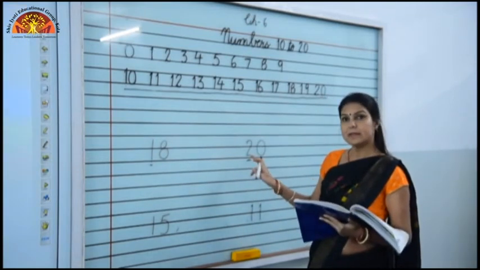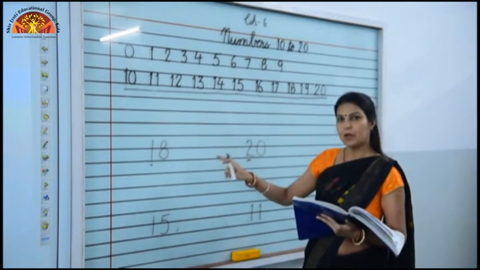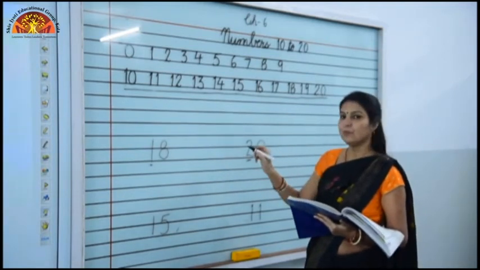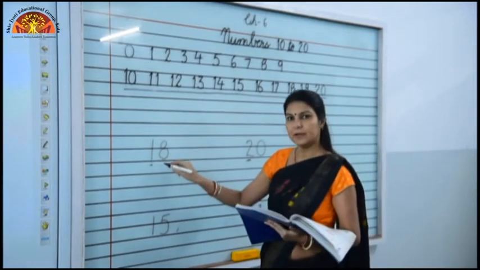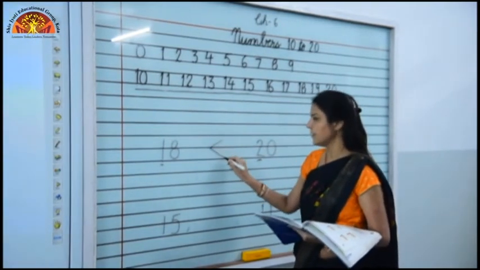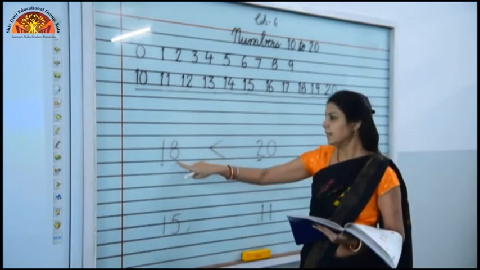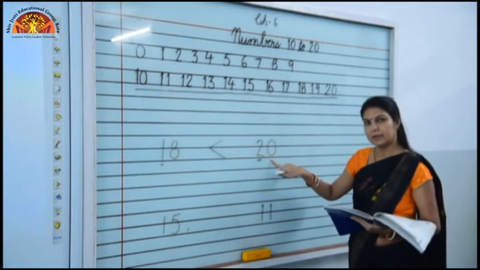Now which number is greater here? Just now I told you 18 is smaller and 20 is greater. So which sign we will put it in front of 18? We will put the sign of lesser than in front of 18. What is the meaning of this? 18 is lesser than 20.